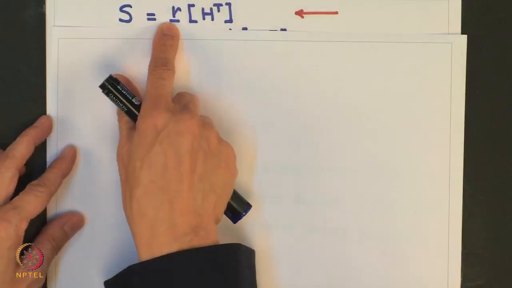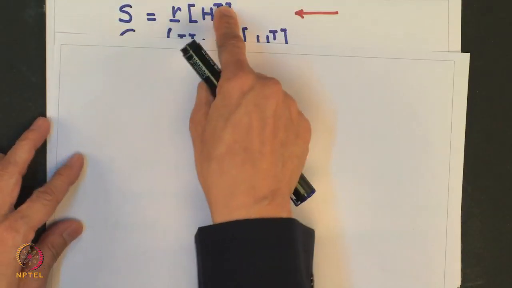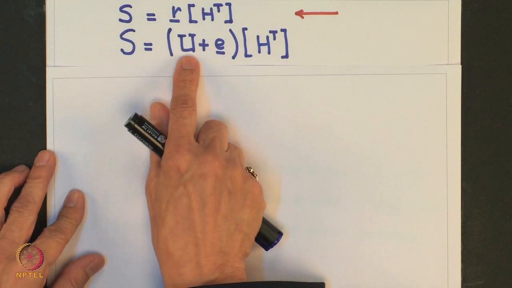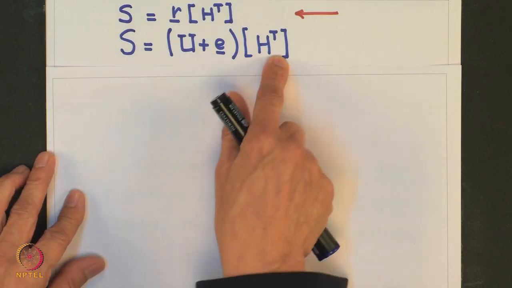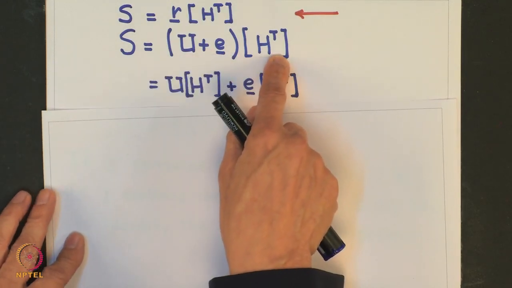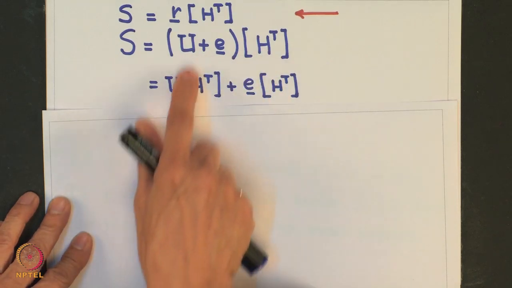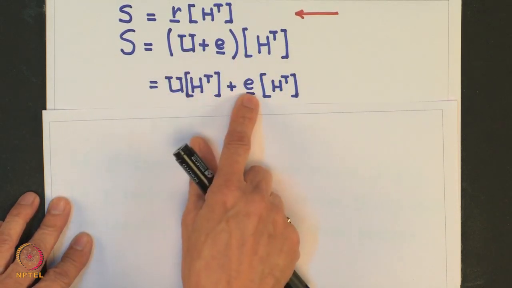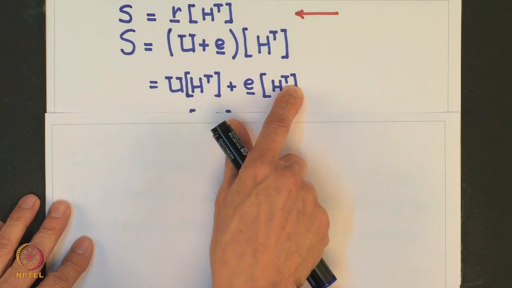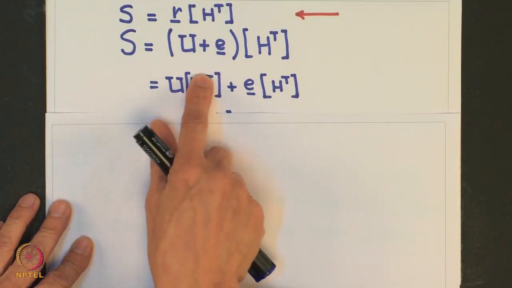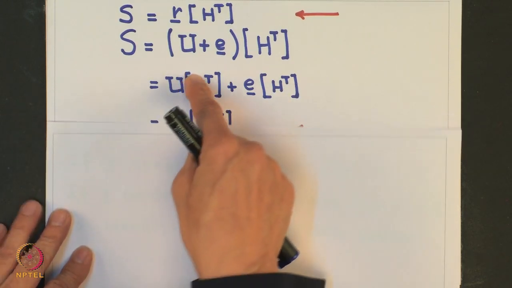So, S is equal to R multiplied by H transpose, R is U plus E multiplied by H transpose. So, I open out the bracket, I get UH transpose plus EH transpose. Now, we know that UH transpose is equal to 0.